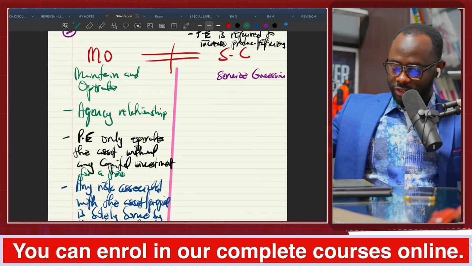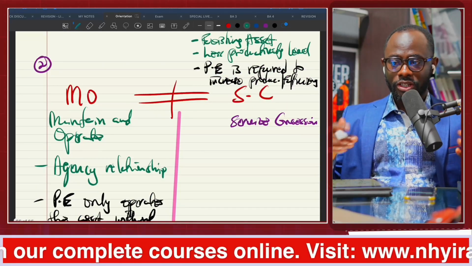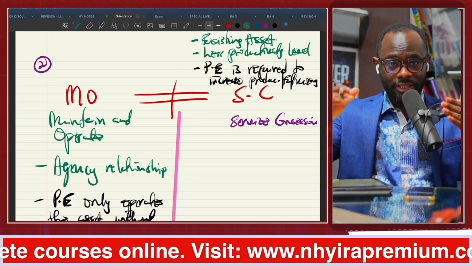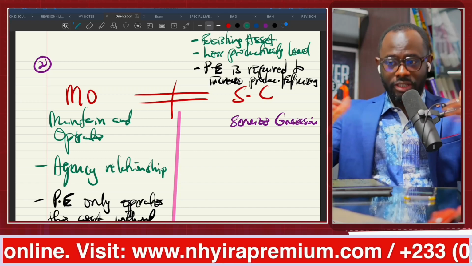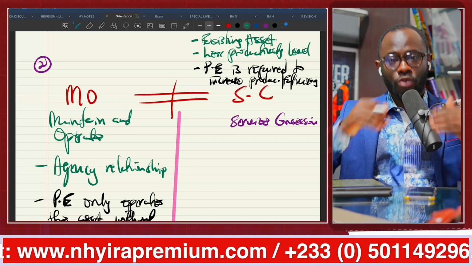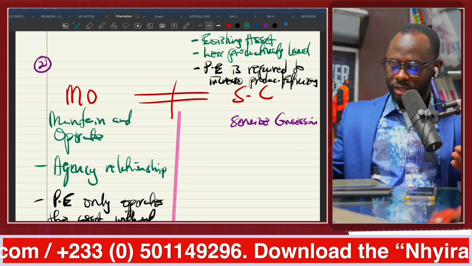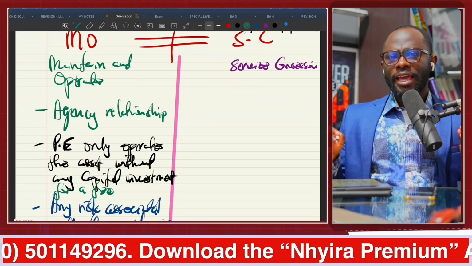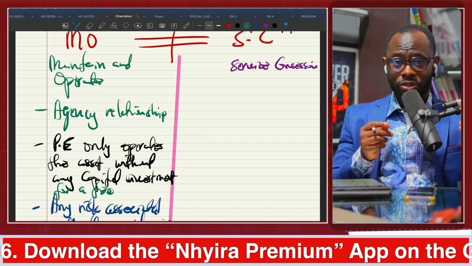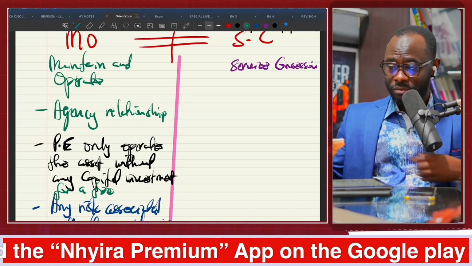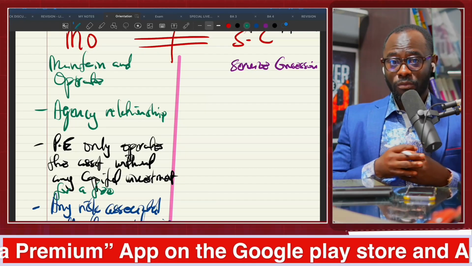How about service concession? Service concession also, there is an existing asset, like you know already. It is less productive, so we need a private sector entity to come and what? Shake up the system. But here, unlike where it's an agency relationship, here it's more than that.